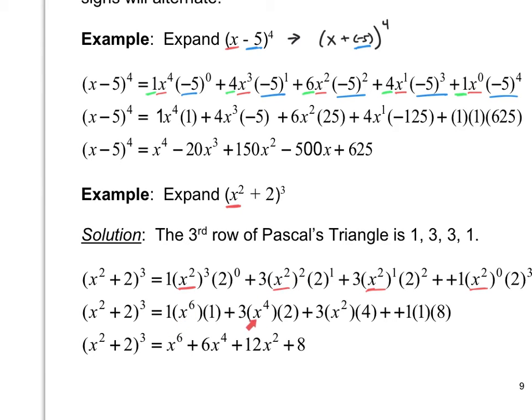This becomes x to the 4th. This becomes x to the 2nd, and then obviously anything to the 0 power is just 1. So just to keep in mind, whatever you have here or here is going to be taken to those different powers, whether they're going up or down, and you just have to be careful as you calculate them.